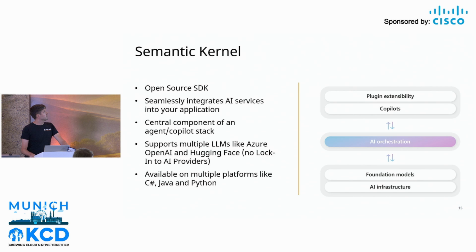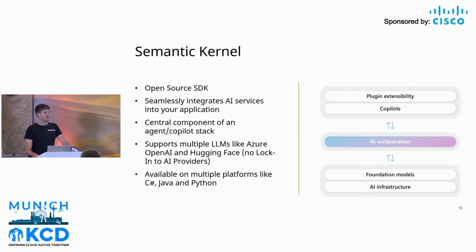So why do we need something like a semantic kernel? Why would we not just call REST endpoints to consume our models? For me, it's a very important requirement that we are able to switch the models within our intelligent applications, because there are many models out there, and we probably want to see which fits best to our requirements.